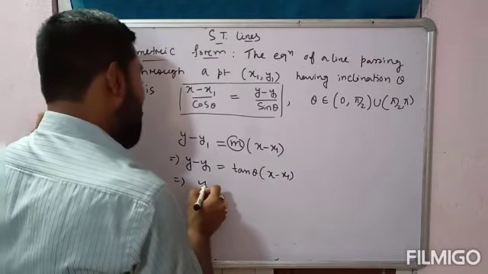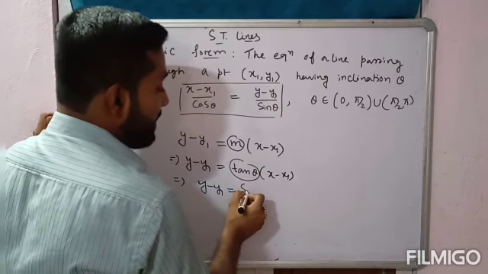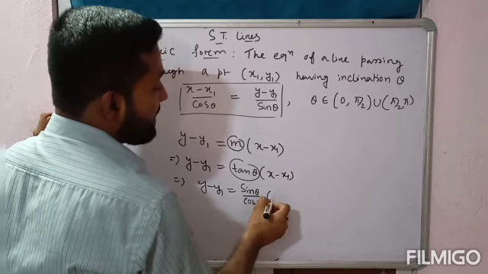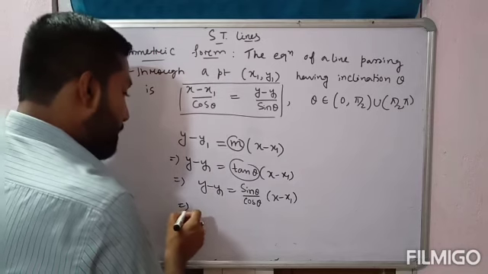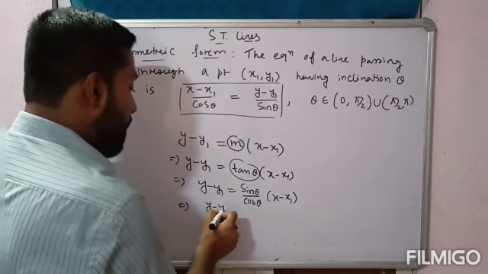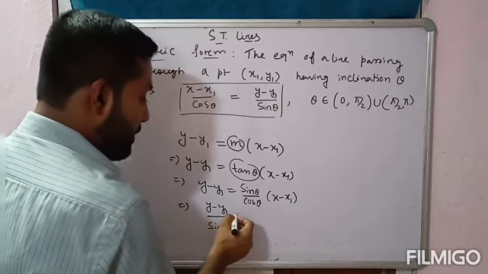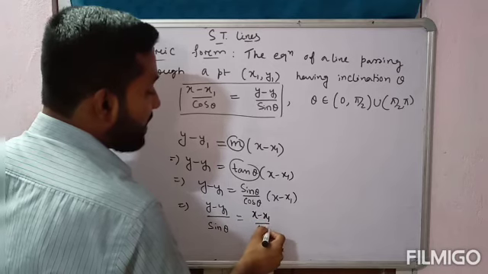That is y minus y1 is equal to, now tan theta can be written as sin theta by cos theta. So this implies we can write y minus y1 by sin theta, if I cross multiply this one, is equal to x minus x1 by cos theta.